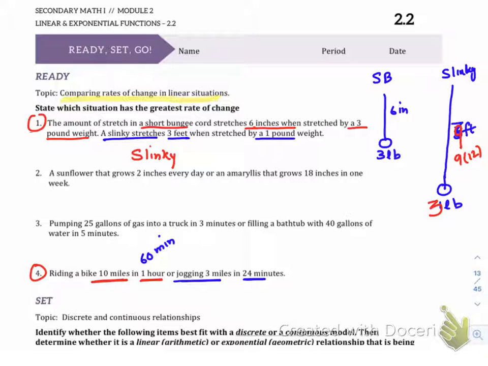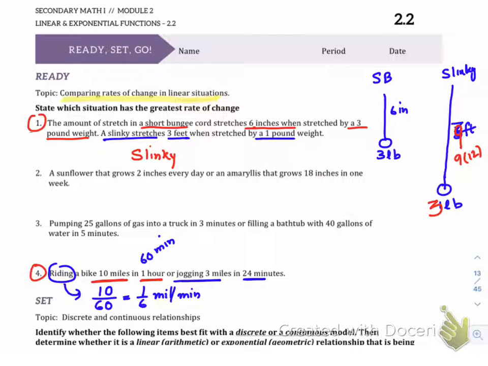There could be different ways to solve your problem. For riding, the rate per minute is 10 over 60, so you get 1/6 miles per minute.